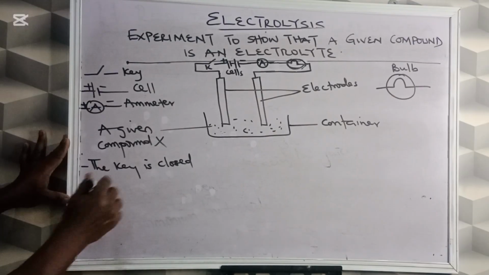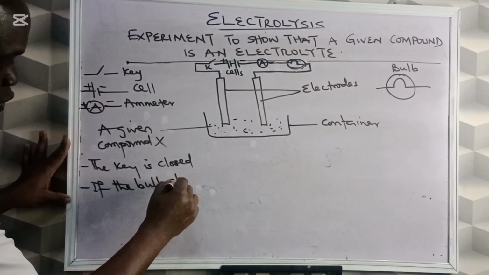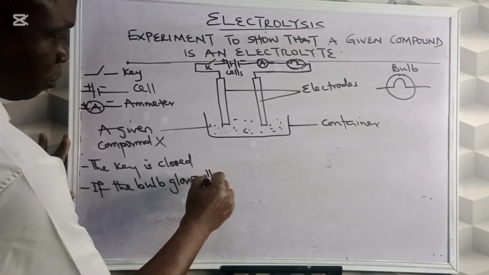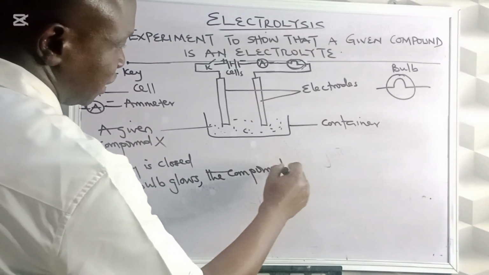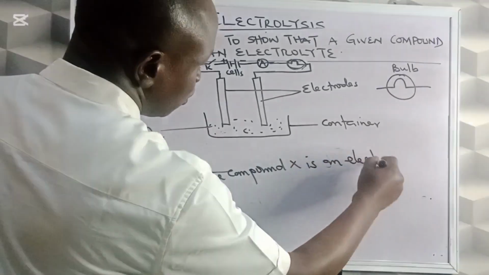So if the bulb glows, it means the given compound X is an electrolyte.